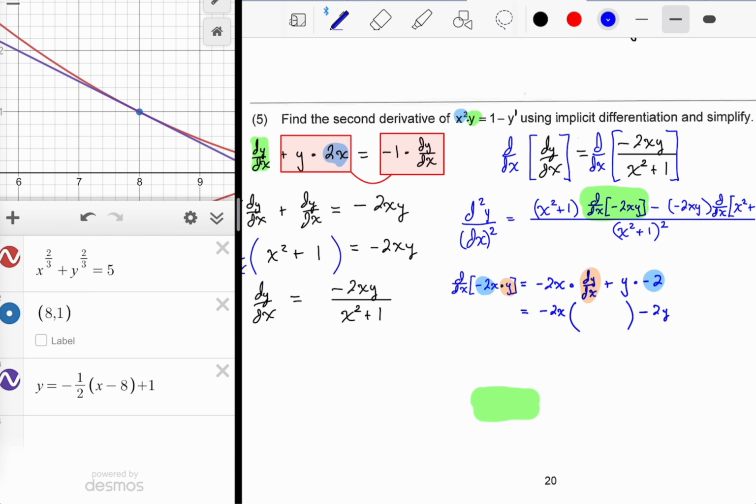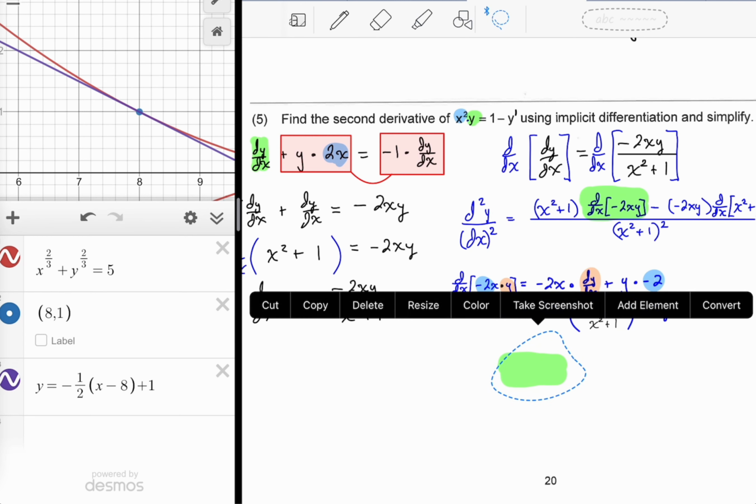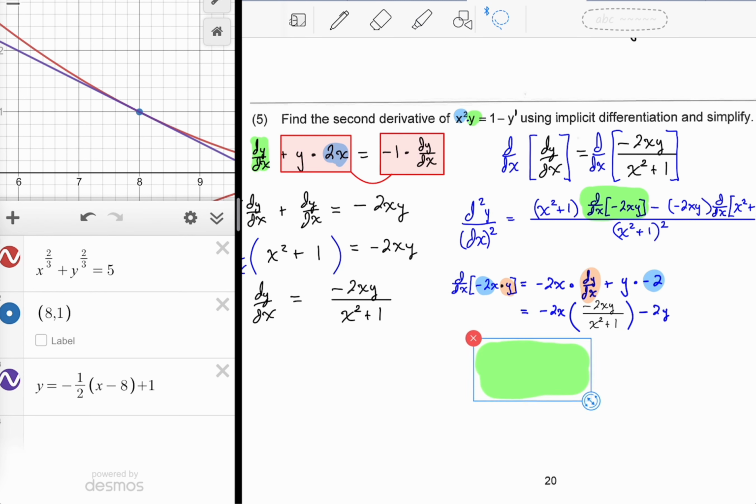We figured that out already, so I'm going to make a substitution. This is actually the derivative of the negative 2xy, and that's what needs to go into the green. So all of this is going in for the green.